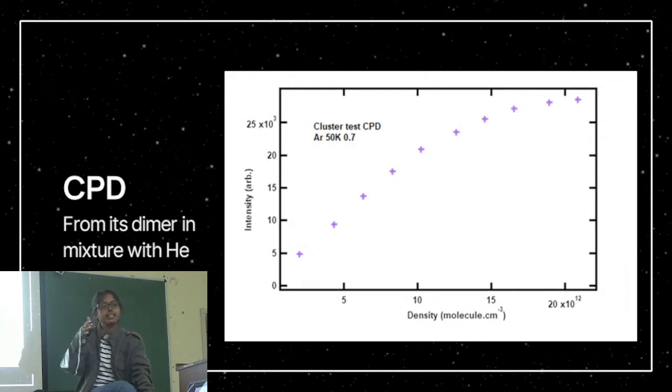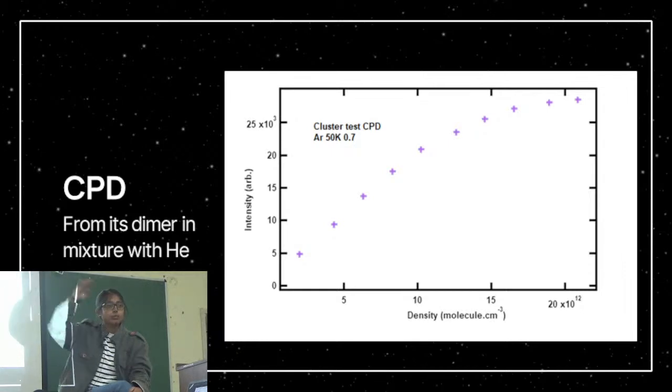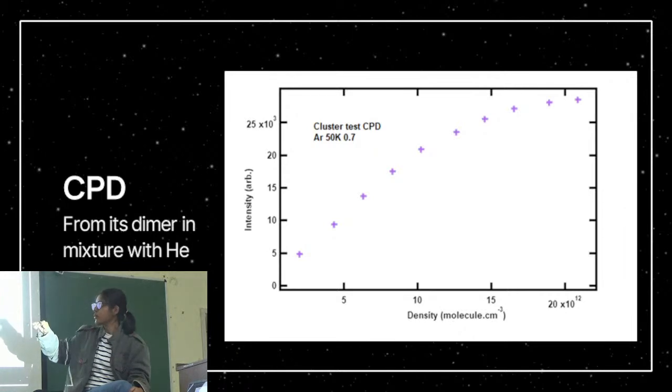As you increase the number of molecules, the line intensity, the molecular signal, should also increase. But at some point the pressure is going to be too high and it's going to start making clusters. Once it starts making clusters, this won't be a linear graph anymore, but it will plateau. So you have to take care that you always keep the CPD concentration below where that starts to happen. That's how you get around the clustering.